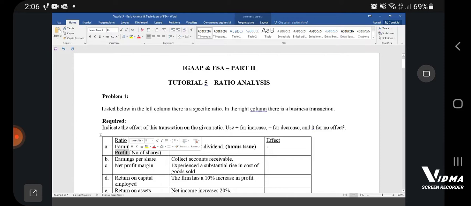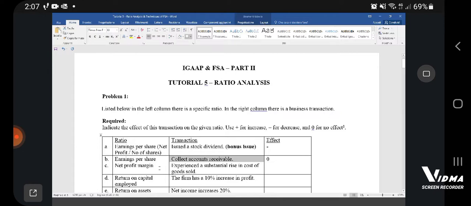But when I collect money from previous revenue transactions, we do not have any new revenue, therefore no increase in the net profit. That is no effect, zero impact on the earnings per share due to the collection of accounts receivable. Okay? Any question for that? If not, we can continue. If yes, you can write in the chat and we'll take your questions.